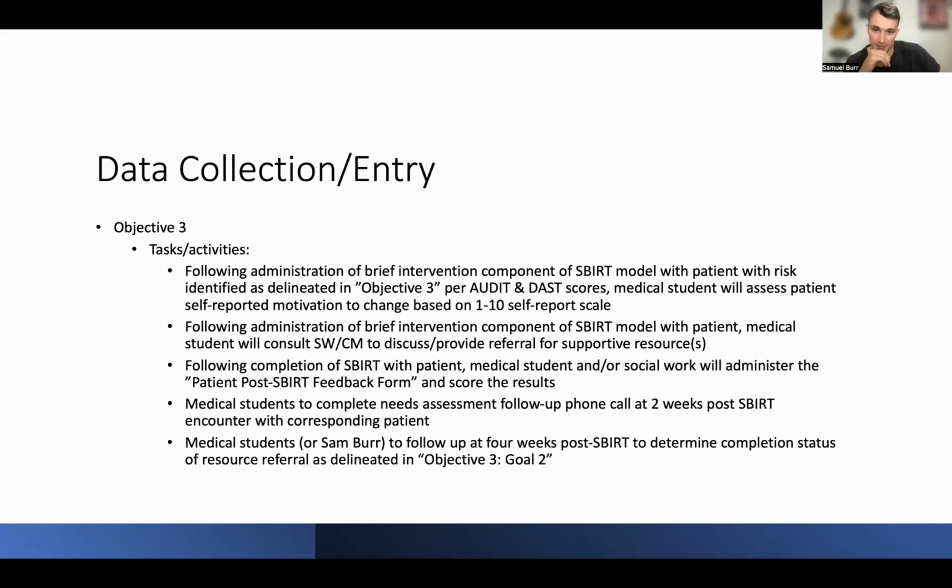And then, with regard to the tasks inherent to this, we'll tweak that motivation to change item, but then consultation of social work, provide referral, administering the post-SBIRT feedback form to patients, completing the needs assessment phone call at 2 weeks and then at 4 weeks to determine completion status of resource referral, repeat AUDIT and DAST, and we'll include repeat readiness to change and see if that's moved in a positive direction as well.